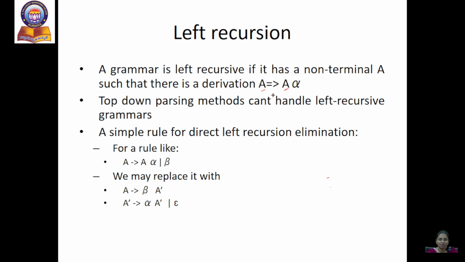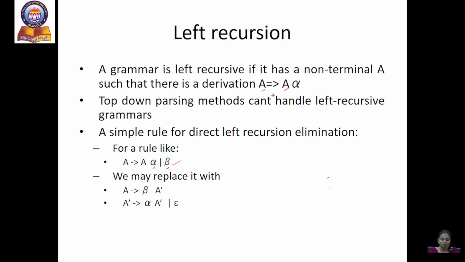For this we have to follow a procedure. If the given production is in the form A derives A alpha beta, here alpha and beta are terminals, whereas A and A are non-terminals. Suppose the given grammar is in the format A derives A alpha beta, then we can rewrite it by eliminating the left recursion.